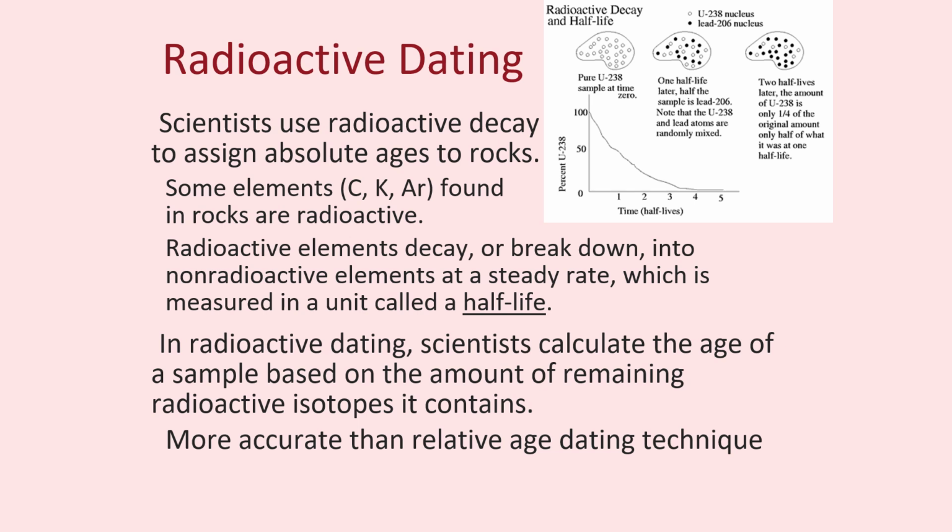In radioactive dating, scientists calculate the age of a sample based on the amount of remaining radioactive isotopes it contains. So they can use the concept of half-life to determine the original age by comparing what the current amount of substance is.